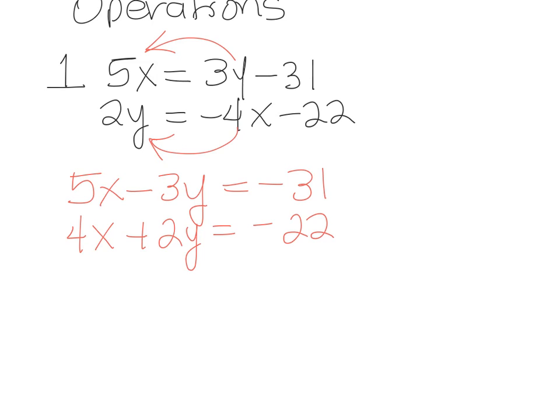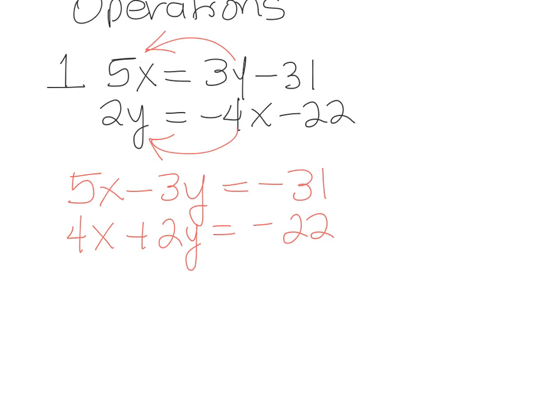The other way that you can do it is by having the x's have the same coefficient. Do you remember from Algebra 2 how to make the 5 and the 4 into the same number? But in this case, one has to be positive, the other one has to be negative. How can we do that? Like you make them the least common multiple.